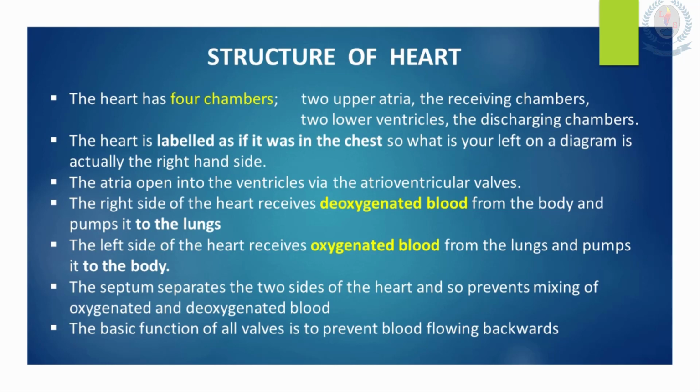Then the mitral valve prevents blood from flowing backward into the left atrium. Finally the left ventricle pumps the blood into the aorta and it allows systemic circulation. The oxygenated blood is delivered everywhere in the body.